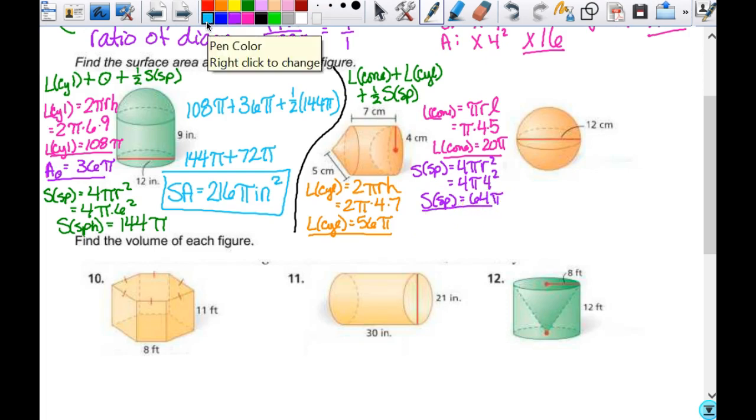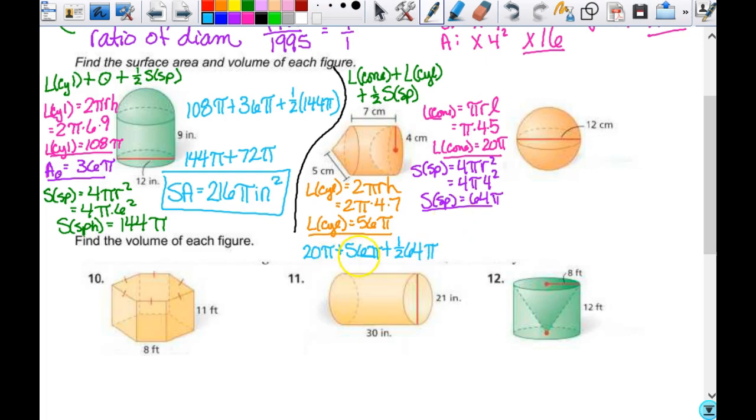Then I go back and make sure you actually follow your own plan, because I've seen weird things happen there too. Lateral area of the cone is 20 pi, plus the lateral area of the cylinder is 56 pi. Don't worry, on the test you'll have a lot more room to write. Plus half of that 64 pi.